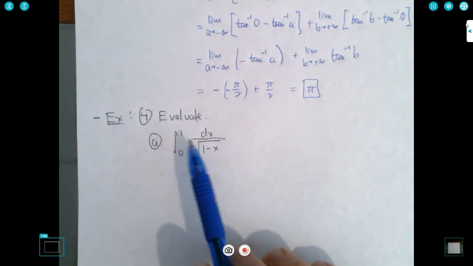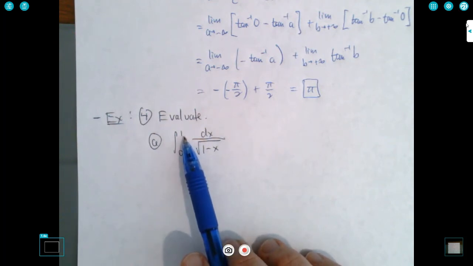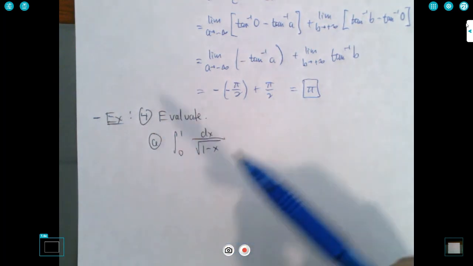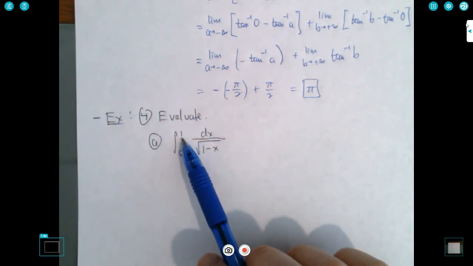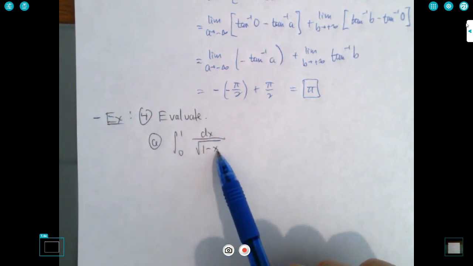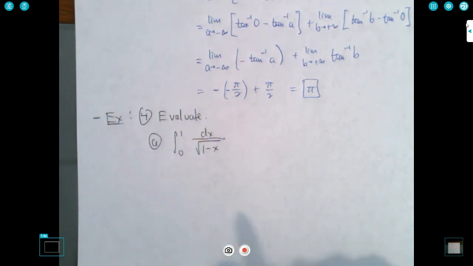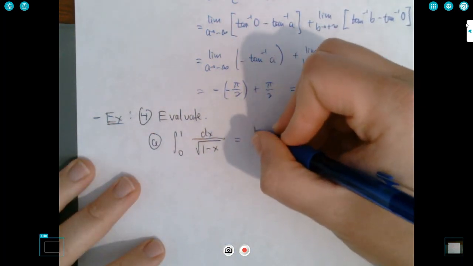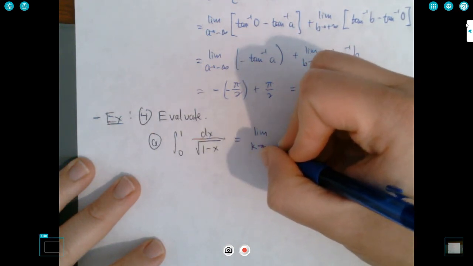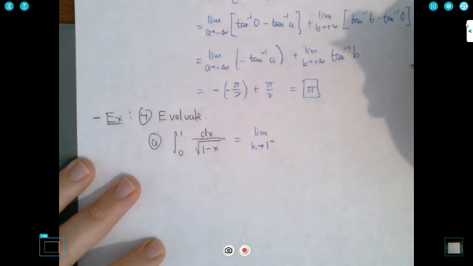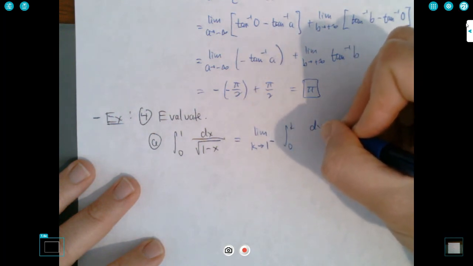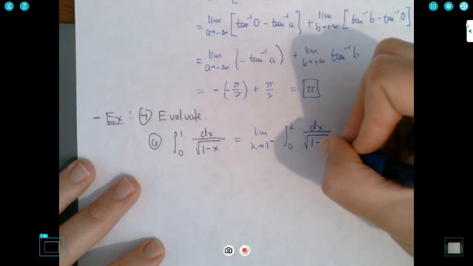Notice that here we have a vertical asymptote at 1, because 1 makes the denominator of this fraction 0. So we've got a right endpoint where we have this infinite discontinuity. We fix that up by saying this equals the limit as k approaches 1 from the left of the integral from 0 to k of dx over square root of 1 minus x.